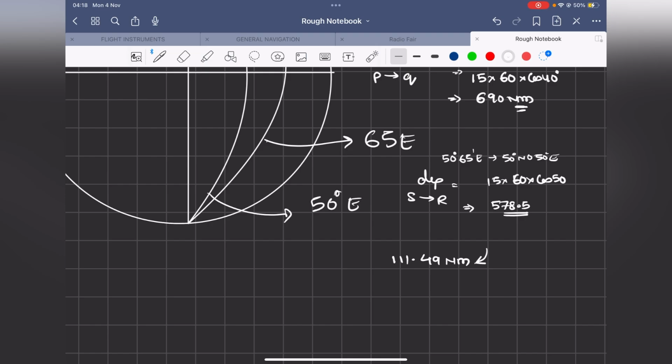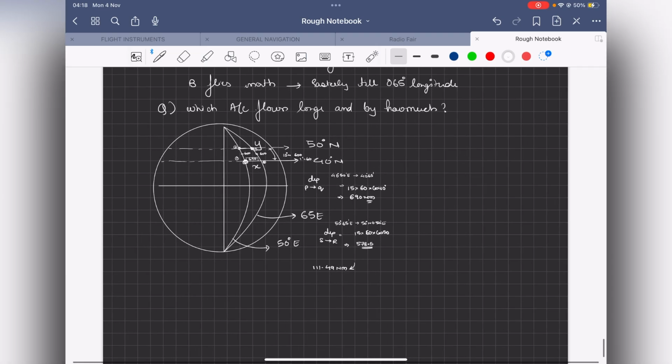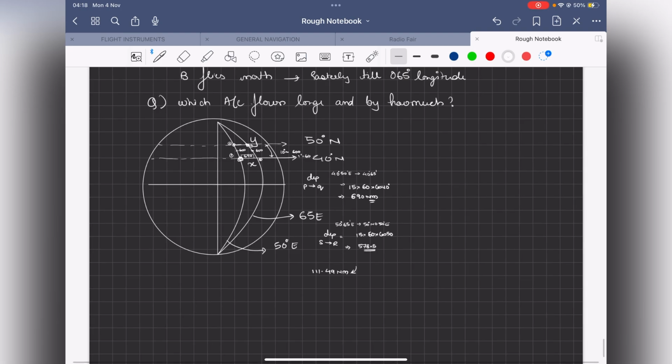So there's a very important observation here, that whenever you're given two aircrafts which take off from the same point and head to the same destination, and we are asked who has traveled longer, then the aircraft which has flown at a latitude closer to the equator ends up flying more, since the cos value in the departure formula increases with a decrease in latitude, right? The cos value increases with a decrease in latitude.